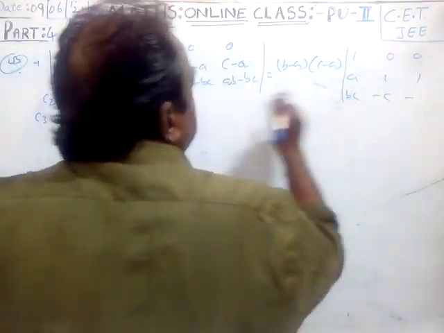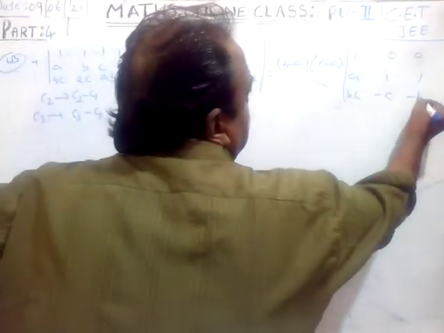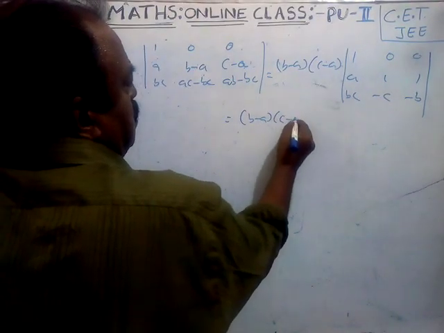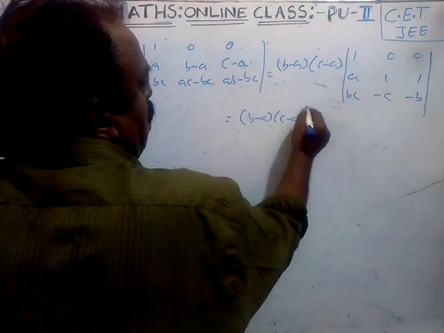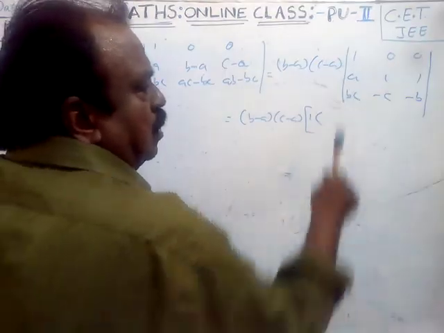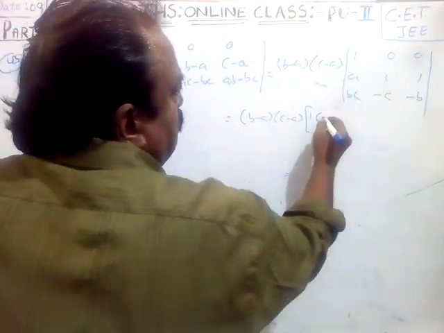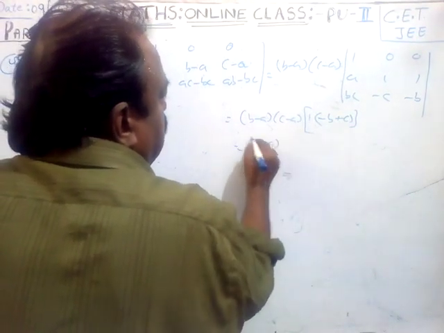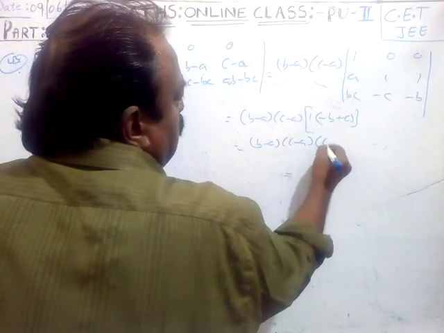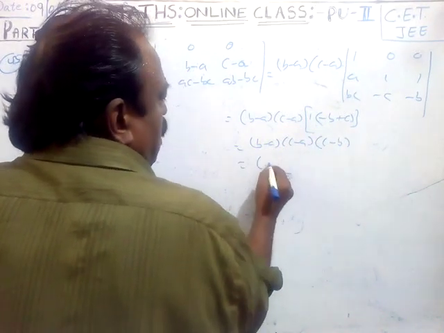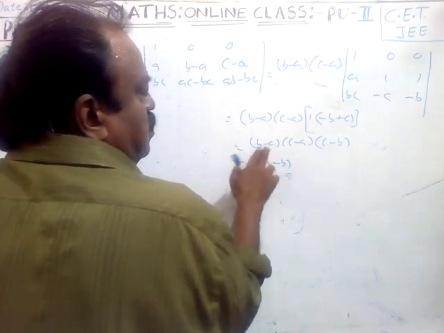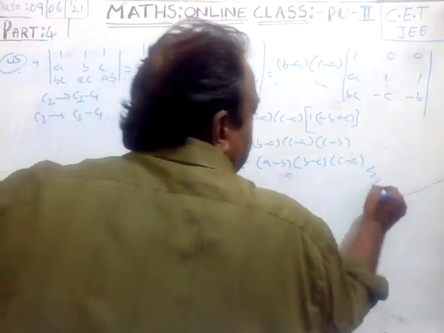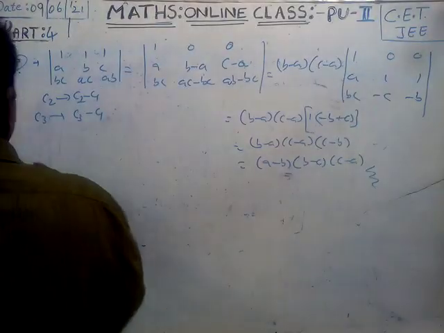Here also it is minus after taking B. So it is (B minus A)(C minus A) times the remaining determinant. It is minus B minus A minus A plus C. So (B minus A)(C minus A)(C minus B). Here also same, I am interchanging: (B minus C)(C minus A). Okay? So that is the problem.